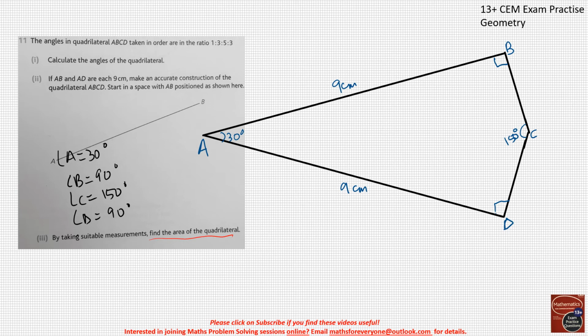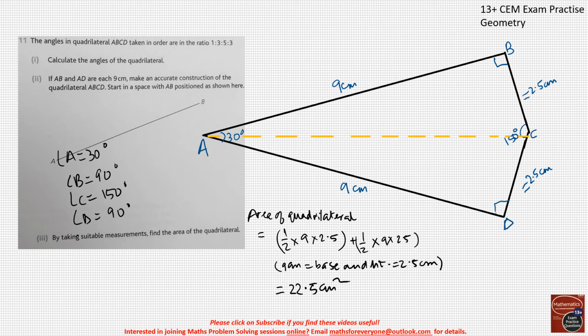Now the area of triangle ACD will be half times base times height. I've taken the 9 centimeter side as the base. This is my height. DC is my height.